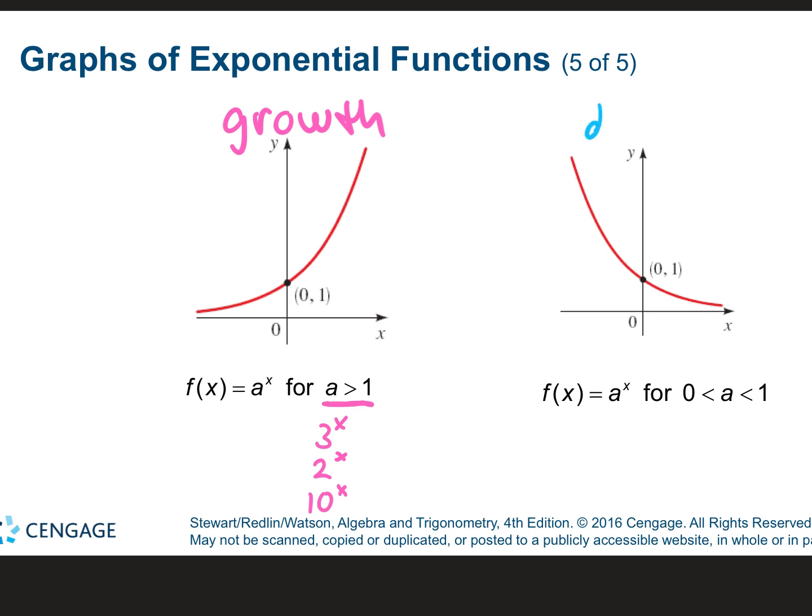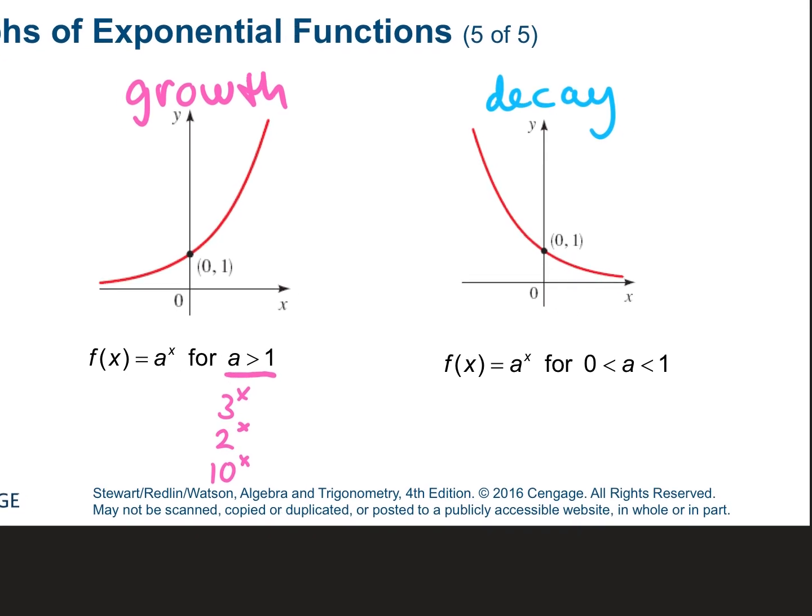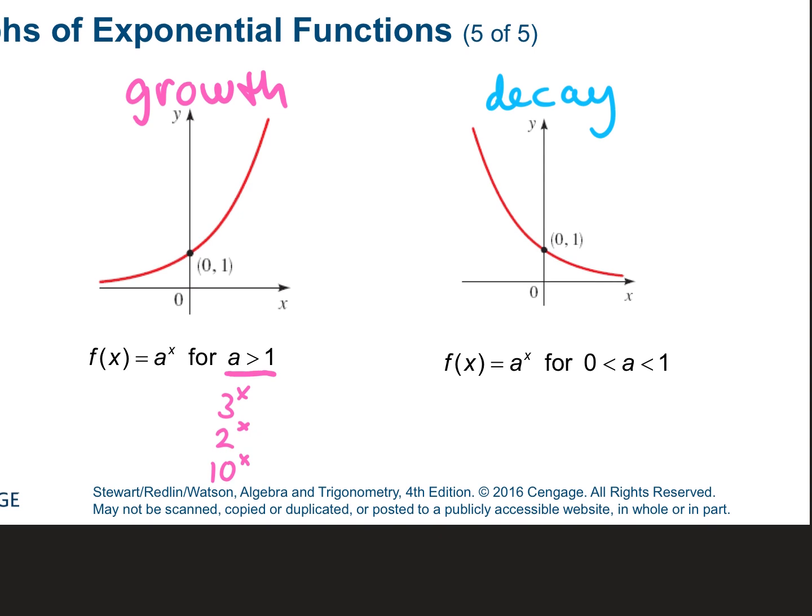Now on the right, this is exponential decay because our graph is decreasing. So our graph will be decreasing anytime our base is in between 0 and 1, meaning that it's a fraction less than 1.